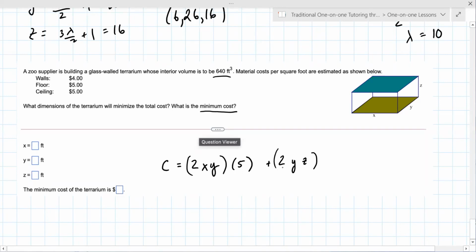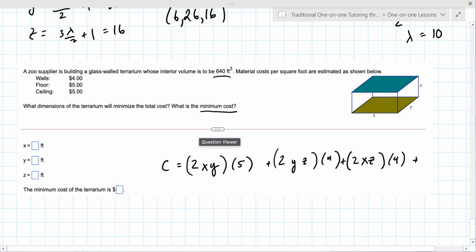The wall is $4, but there's another wall, an XZ wall in the front, and there's two of those, and that's times 4 as well. Plus, this is getting messy.